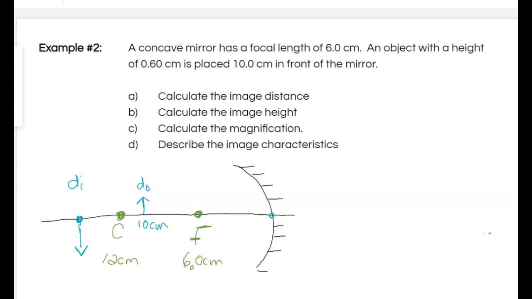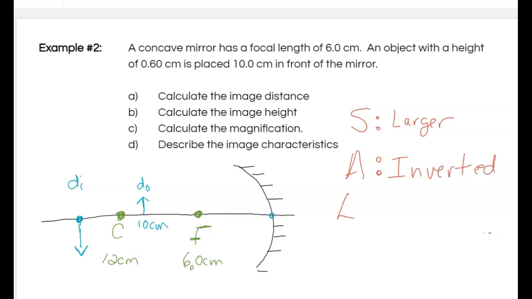So my image characteristics for S, size, well, my image is larger than the object, so larger, right? When I look at attitude, attitude is upright or inverted. Well, compared to my object, my image is upside down, so I would say it's inverted for my attitude.